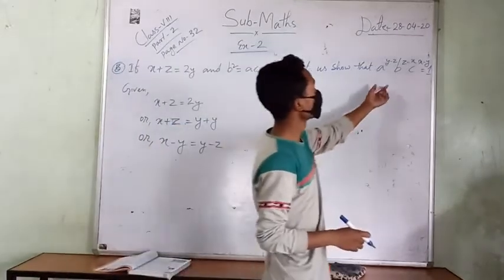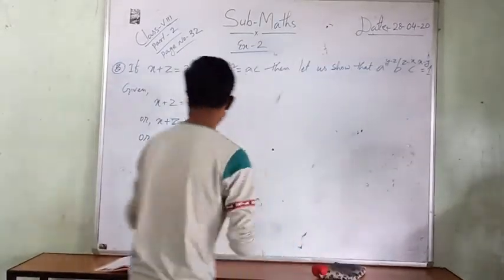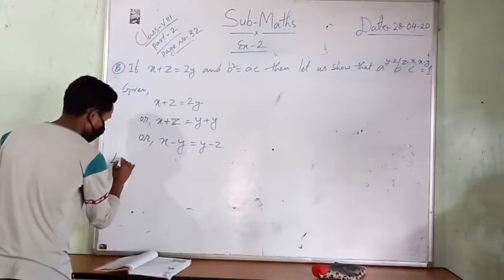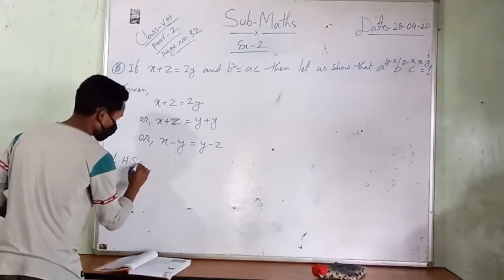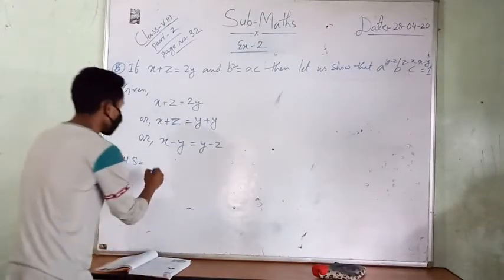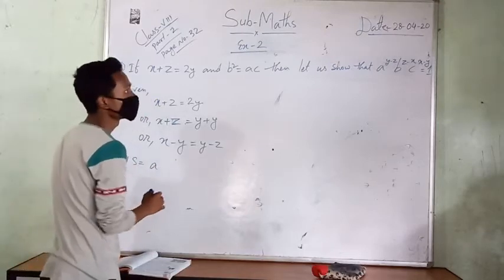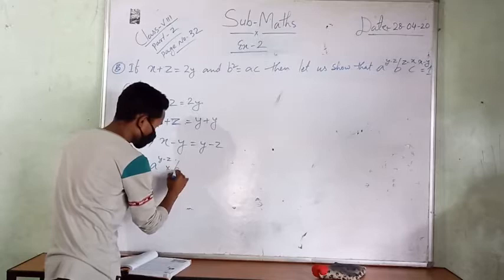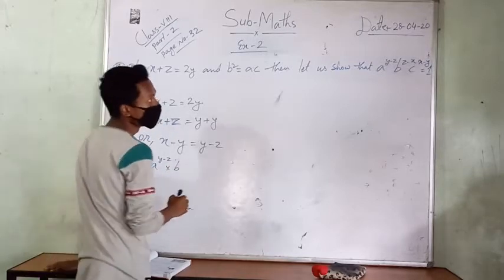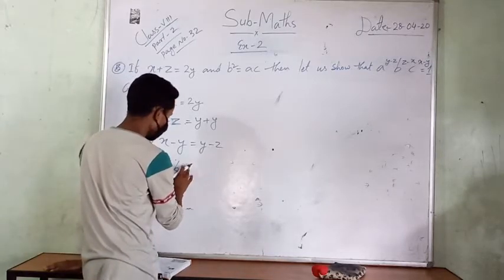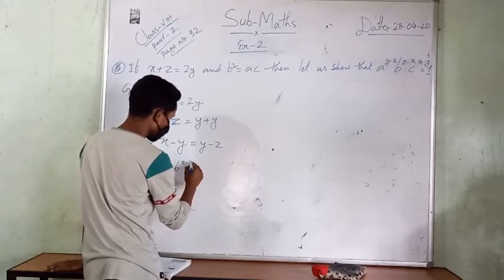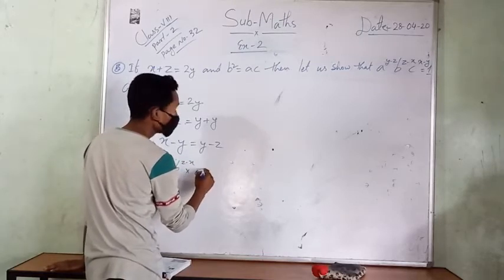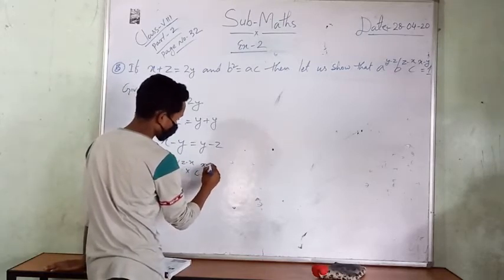Now look at that, this is the left hand side. I will write the left hand side, LHS: a to the power y minus z into b to the power z minus x into c to the power x minus y.